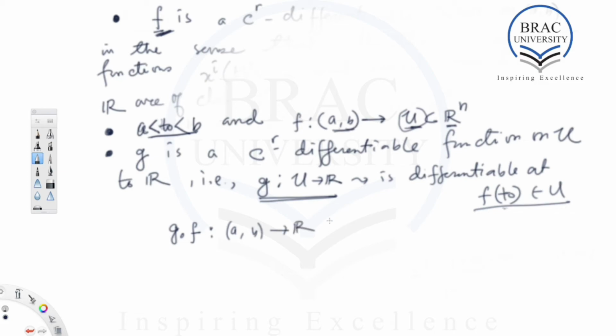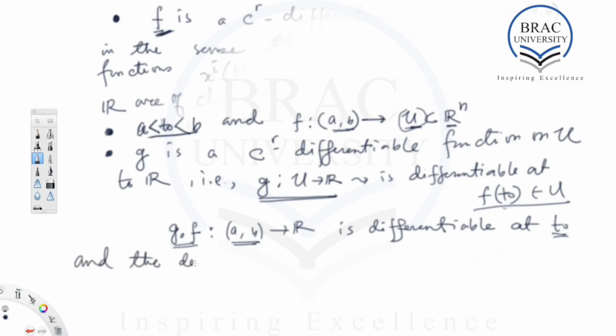An ordinary function from something like R to R. Then this composite function is going to be differentiable at t0, a point belonging to this interval, and the derivative of this composite function is given by the chain rule, the famous chain rule.